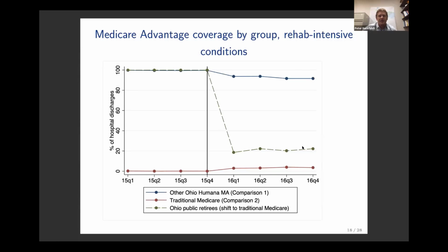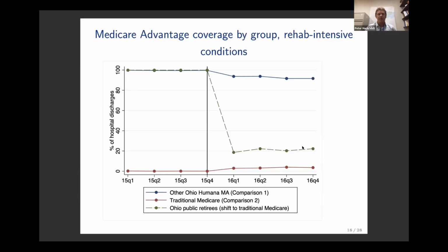The red line, comparison group 2, is pretty continuously covered by traditional Medicare, but you see a huge reduction in hospitalizations for people covered by Medicare Advantage for Ohio public retirees. So this is the variation we're studying in our analysis.